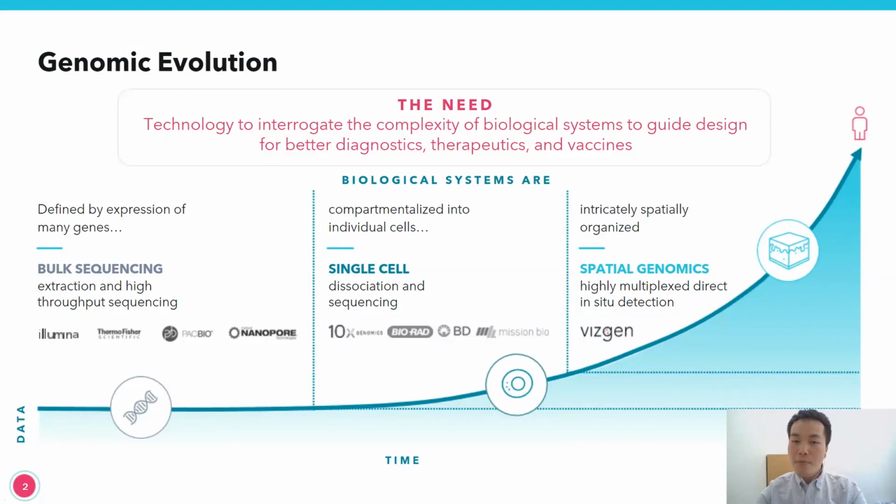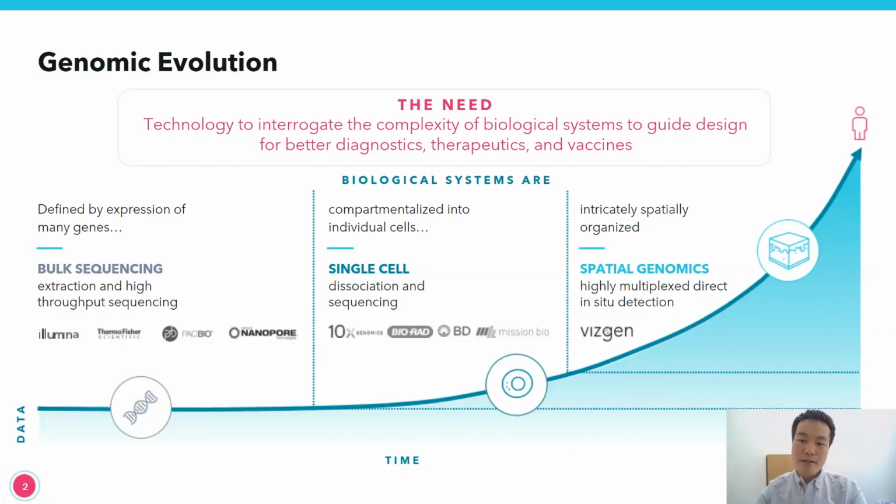As you may know, over the past 2 or 3 decades, we have seen a revolution in genomics research, which really enables us to characterize the biological system at unprecedented scale and resolution. As you can see from this slide, the landscape of genomic evolution from bulk RNA sequencing to single-cell sequencing, we can now start to interrogate the gene expression profile of individual cells and really use this information to understand the cell composition as well as cell-cell interaction.